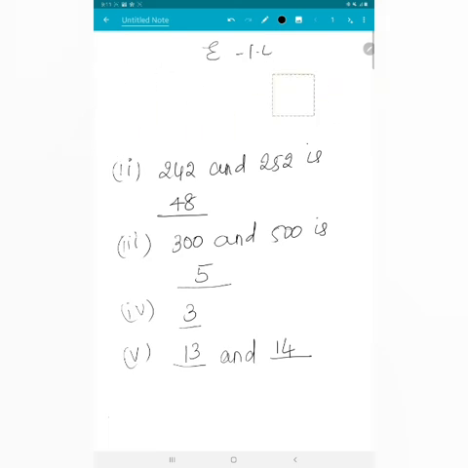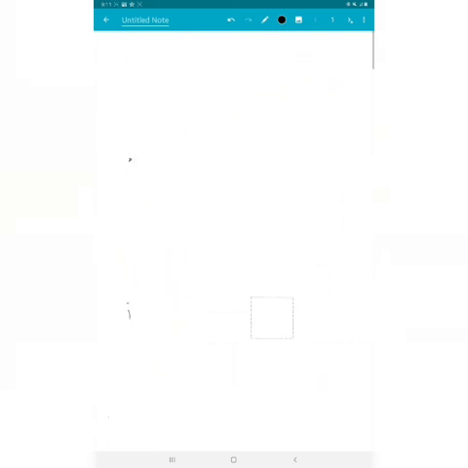Then we will see the true or false. I will just write the answers alone. Second, true or false. The first question: when a square number ends in 6, its square root will have 6 in its unit place. Yes, definitely.